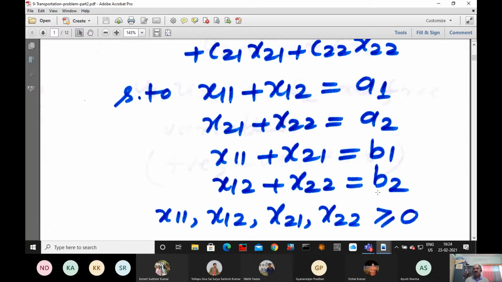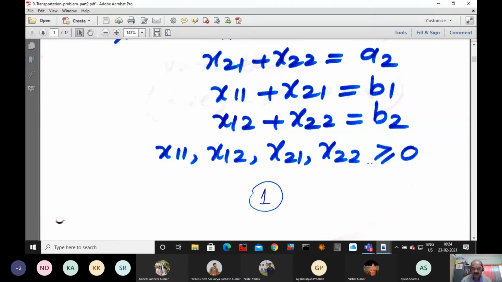Variables are free variables. Free means they can be positive, they can be negative, they can be zero. Here primal variables are non-negative, but the dual variables, which we are naming u1, u2, v1, v2, are all free variables. So that is to be mentioned.